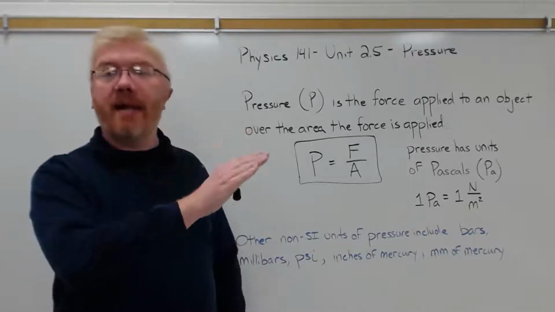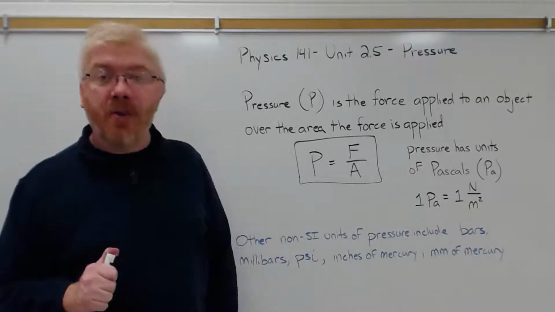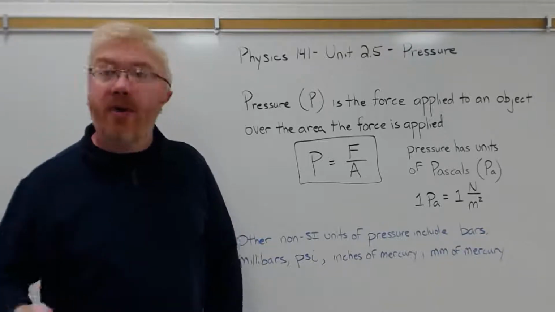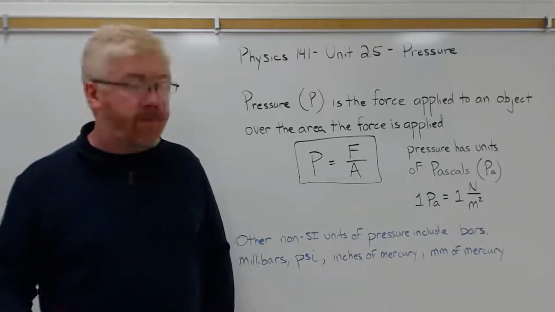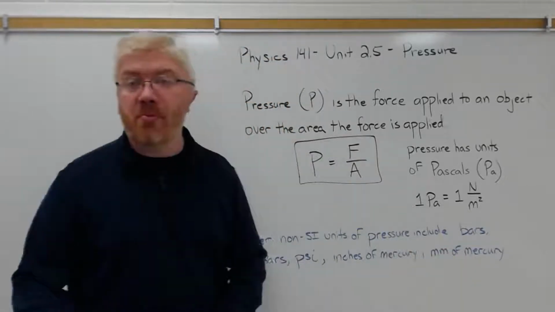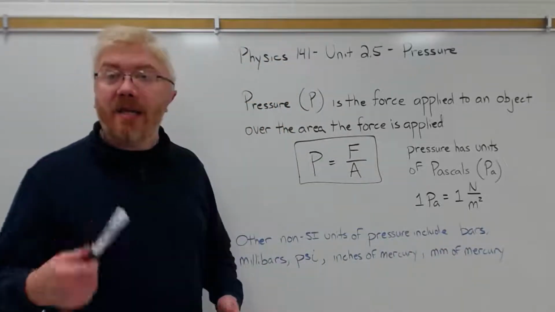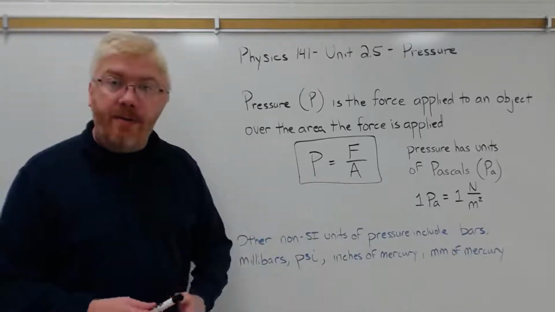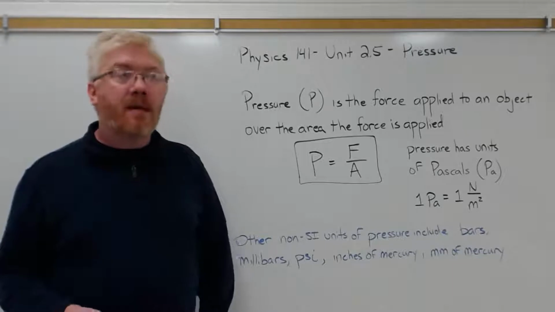It can go down to 28 inches of mercury or up to 32 inches of mercury. And that allows you to measure whether you're in a low pressure or high pressure system for weather. And then likewise, you also have millimeters of mercury, which is used more commonly in countries that use the SI system. So pressure is an interesting physics concept.